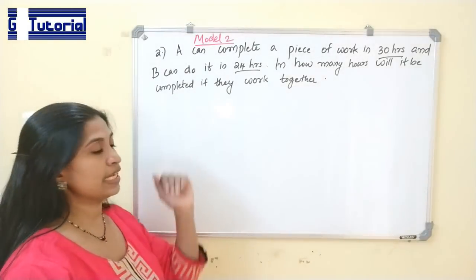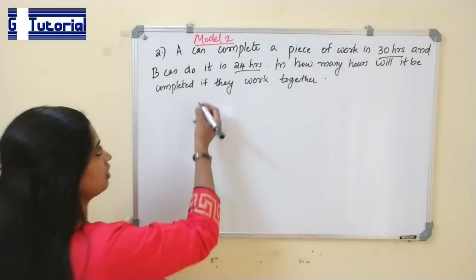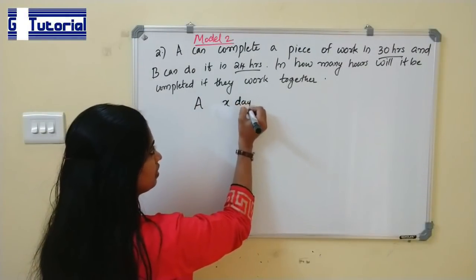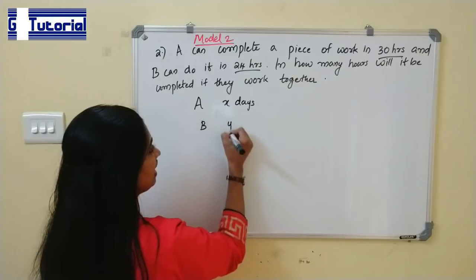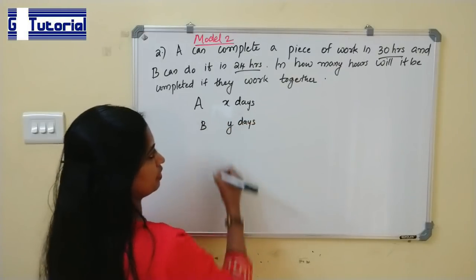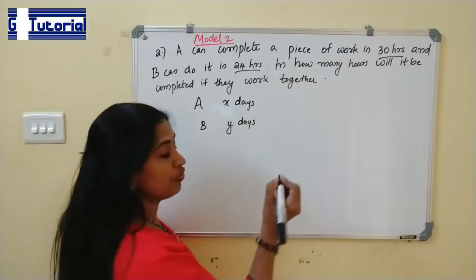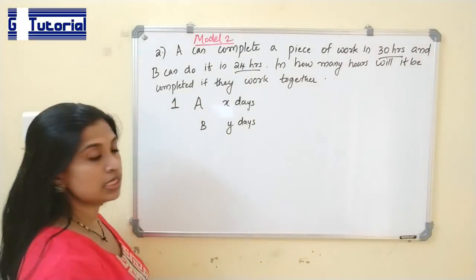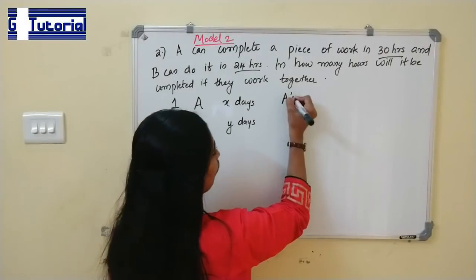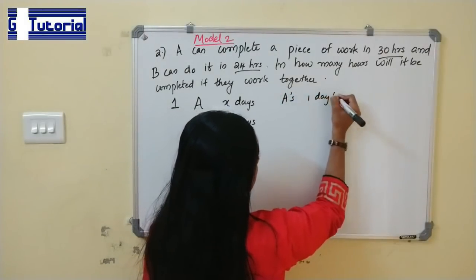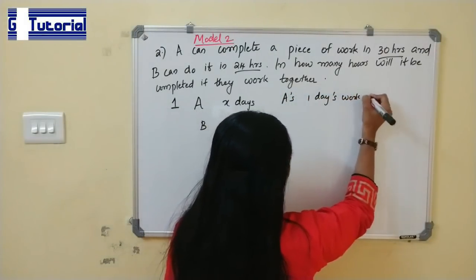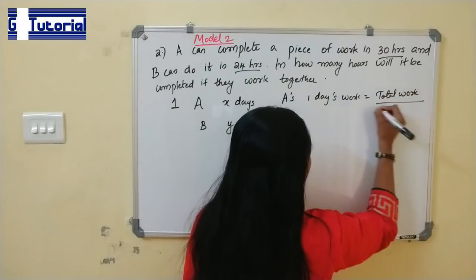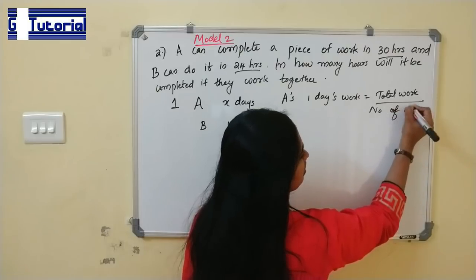To do this kind of problem, you have to understand something. If A takes X days to complete a work and B takes Y days to complete a piece of work, then we always consider that total work is 1. So A's 1 day's work is equal to total work by the number of days taken by A to complete the work.